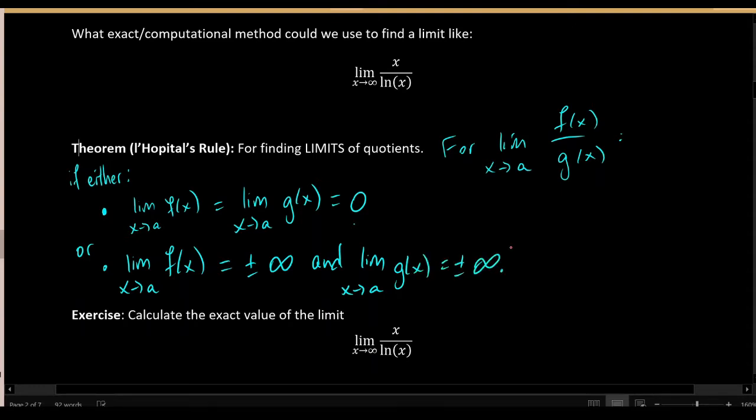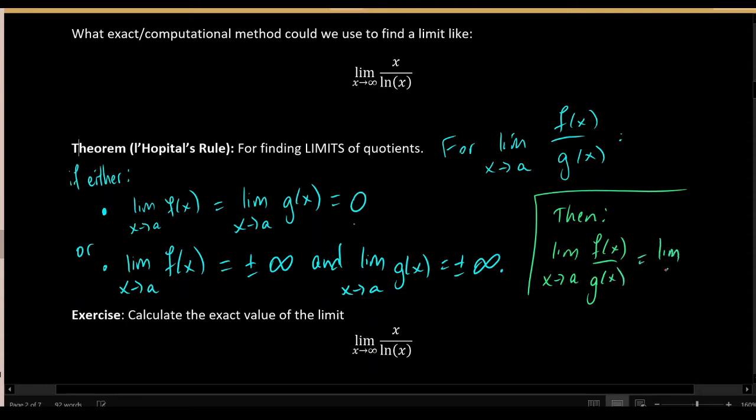Okay, now you've checked your individual numerator and denominator, and you found that either both approach 0, or both approach plus or minus infinity. If either of those conditions is satisfied, then you can calculate the limit of the quotient by calculating the limit of the quotient of f prime divided by g prime.